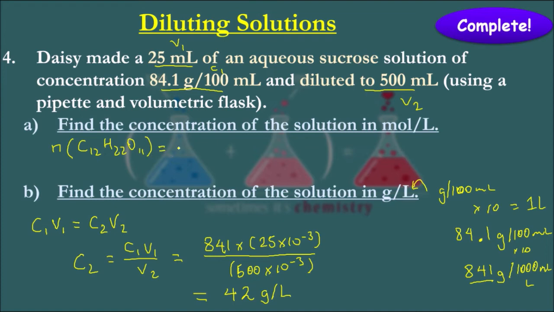The mass used, firstly, is 841. The molar mass of sucrose that I found was 342.296, and that gives me this amount of moles of sucrose. I'm not going to do any conversions or significant figure changes just yet because this is the number of moles of the product that I need.